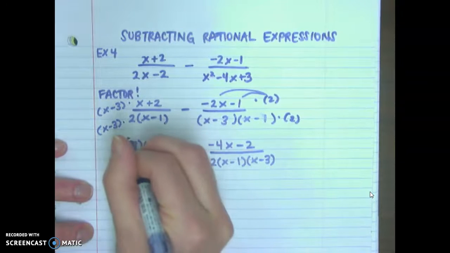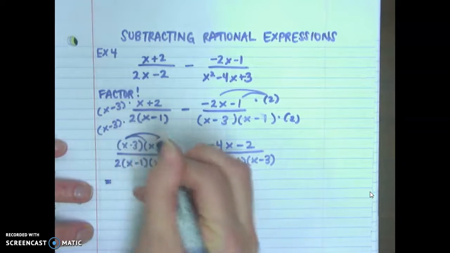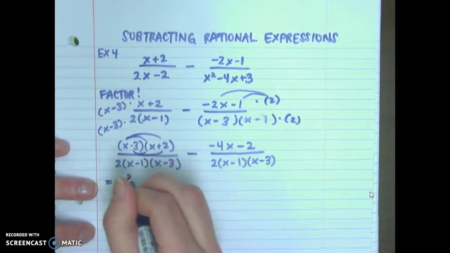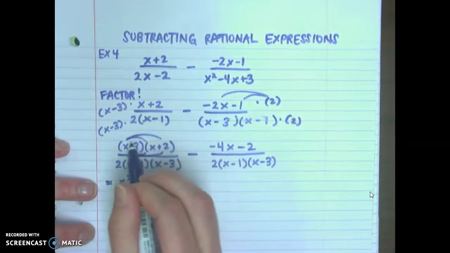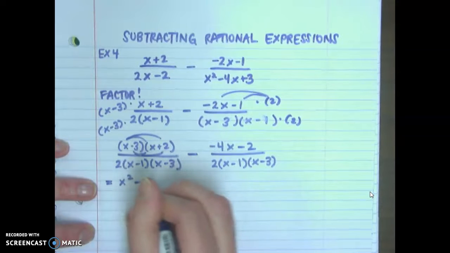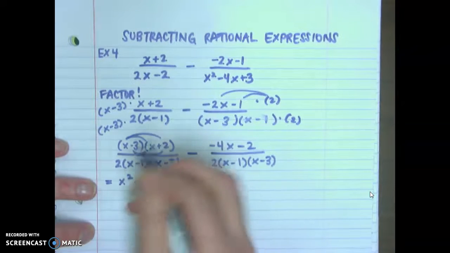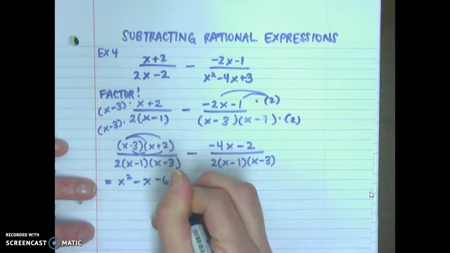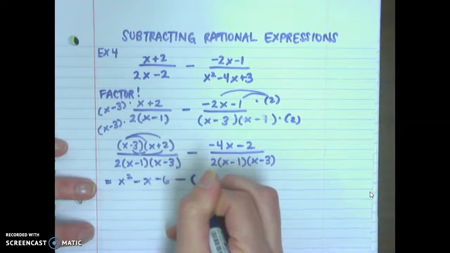And in order to do that, I'm going to distribute just like I did in the previous problems. This just has a binomial to distribute. So x squared plus 2x minus 3x is negative 1x minus 6, minus, and I'm going to put this in parentheses.